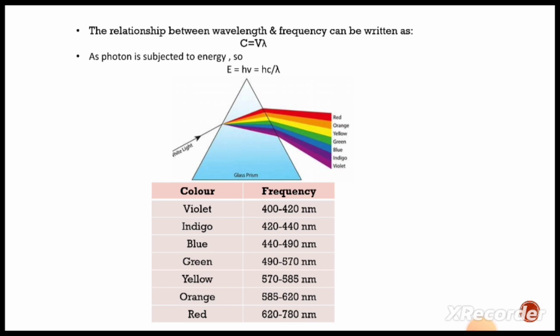The violet color range is 400 to 420 nanometer, indigo is 420 to 450 nanometer, blue is 440 to 490 nanometer, green is 490 to 570 nanometer, yellow is 570 to 585 nanometer, orange is 585 to 620 nanometer, and the last, red, is observed at 620 to 780 nanometer.